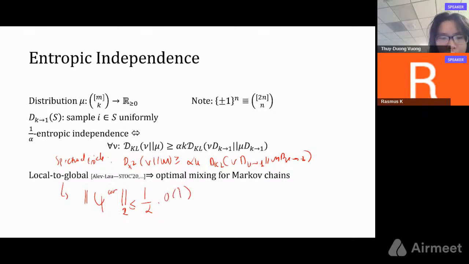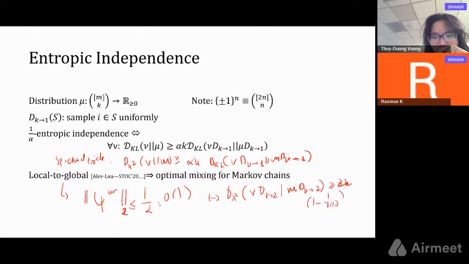This is the spectral norm of the coordinate matrix, and this is equivalent to the contraction of the 2-to-1 operator, like 1 minus 1 over something.